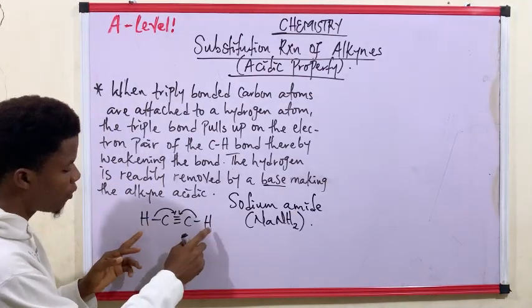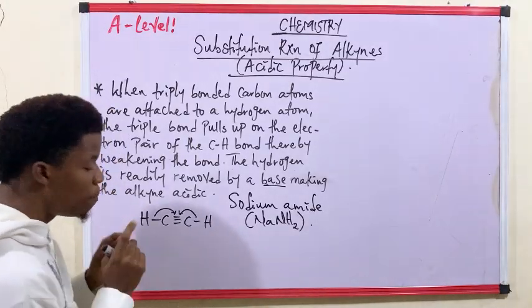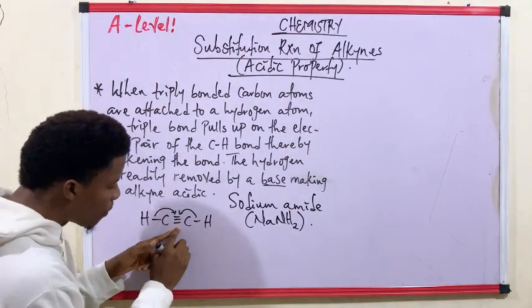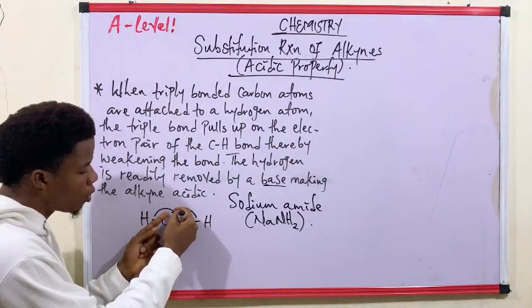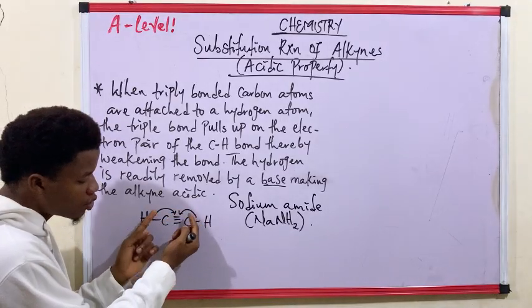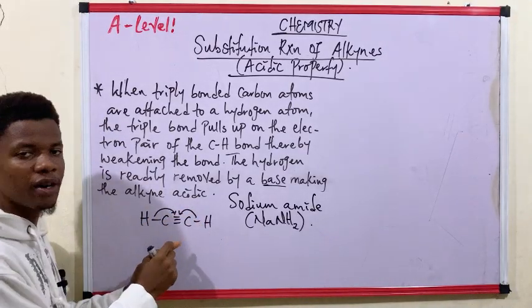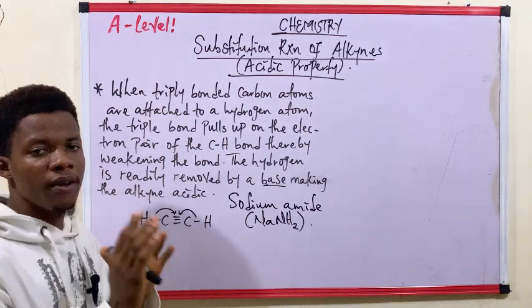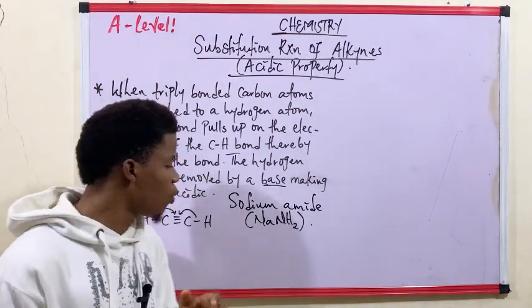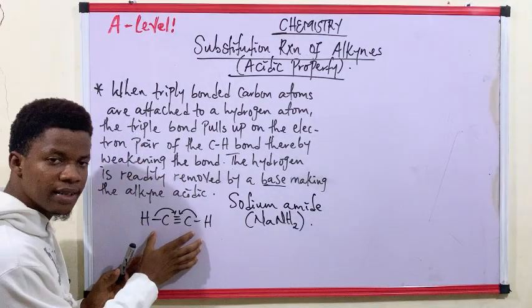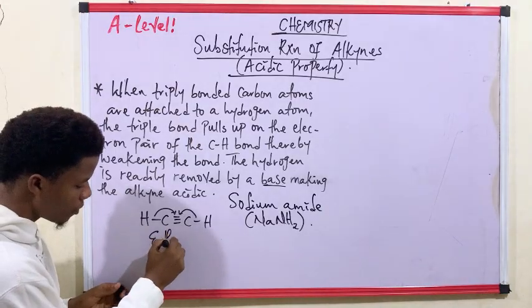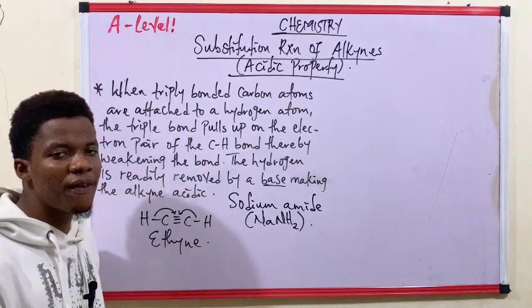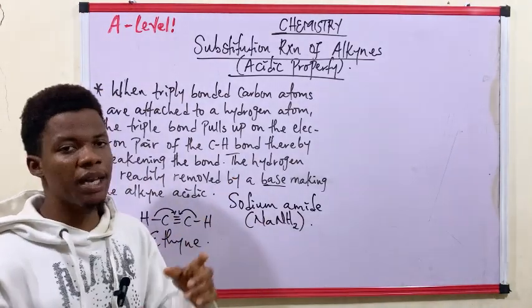Why is it possible for these two hydrogens to be removed? Because this triple bond has pulled electron pairs from this side to itself, so these bonds are now very weak. This is what makes this ethyne behave as an acid. That's why I call it the acidic property.